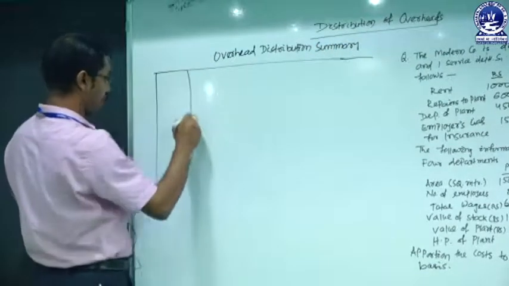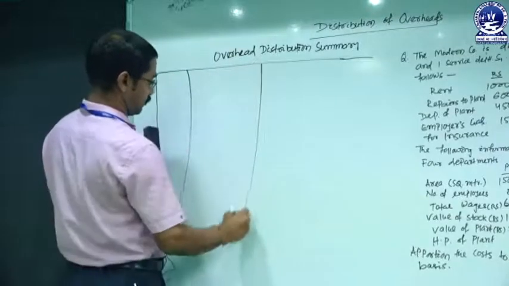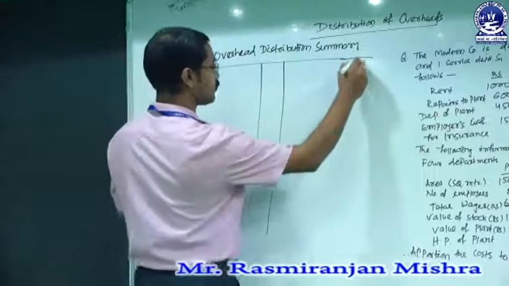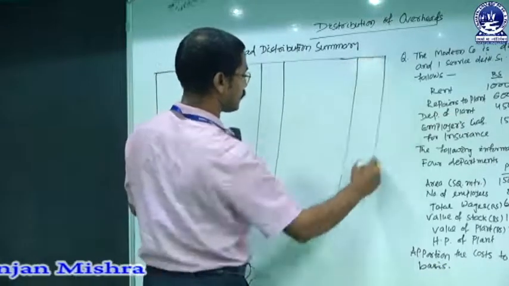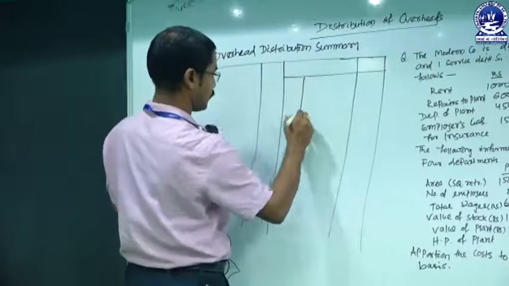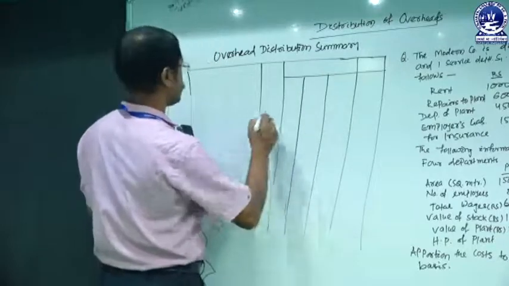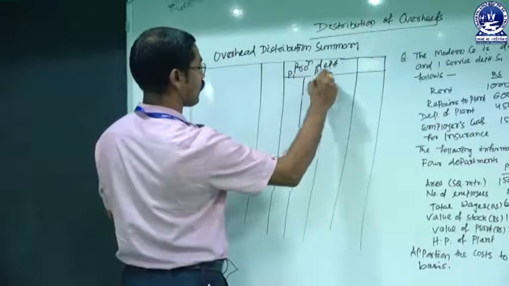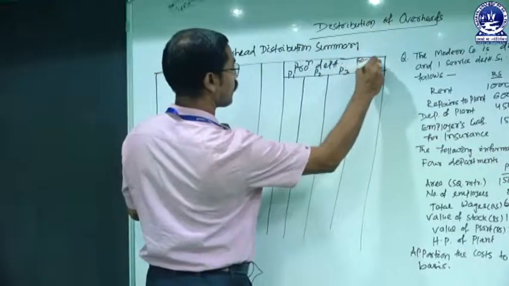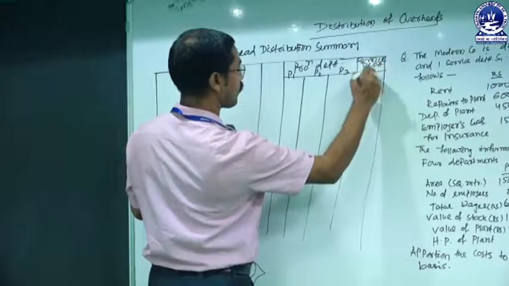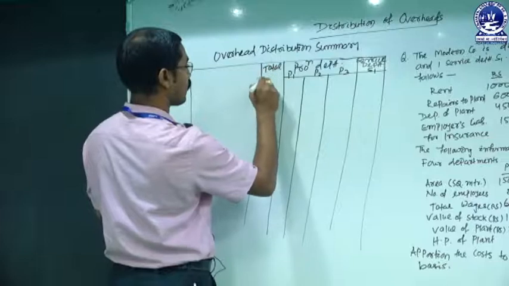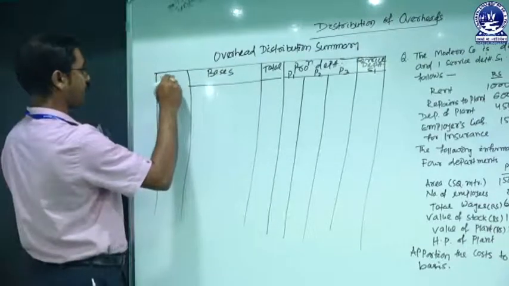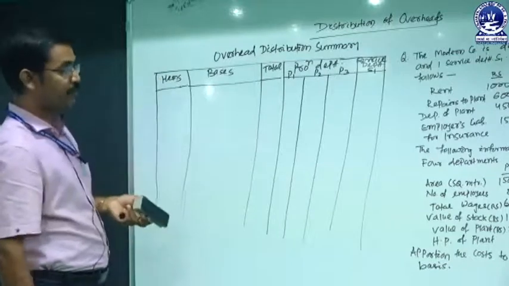Under that there are several columns. So this is the format of an overhead distribution summary.